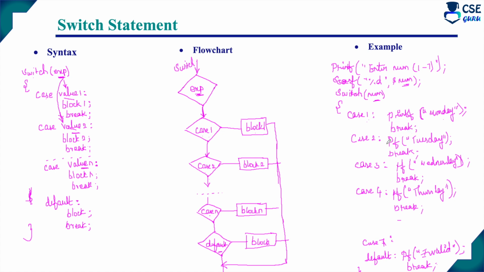It won't check the other alternatives. At a time, only one alternative will be true, so only that corresponding block will execute and then it will exit. Using this break statement, automatically it will exit from the switch statement. So this is the logic of the switch statement. This is the syntax, this is the flowchart, and this is an example.